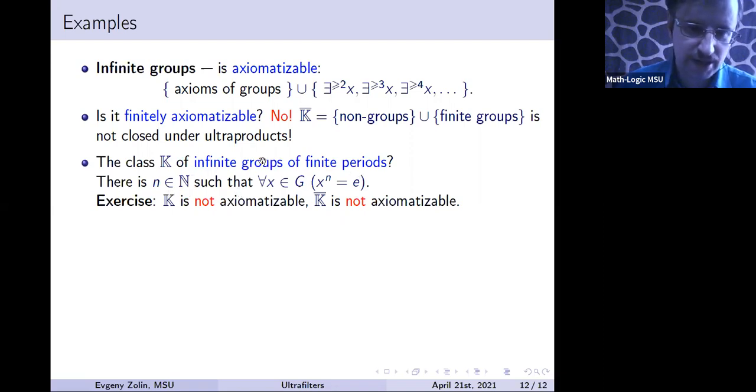Or maybe we can say there are no groups of this kind, and nothing to say about it. An infinite group with a finite period.